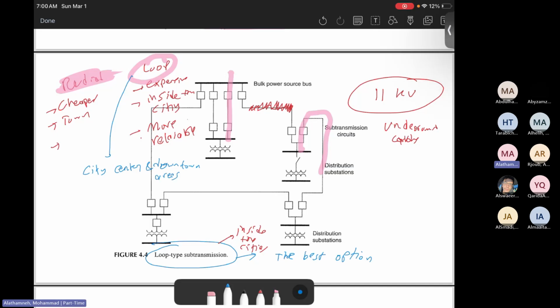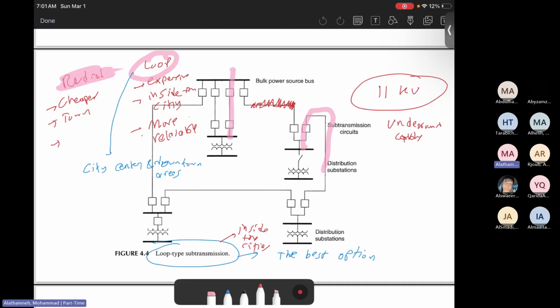The other thing now, I would say in loops, the vast majority of the loops are underground cables, while the radial is overhead. It's not a must, but many loops are based on underground cables.